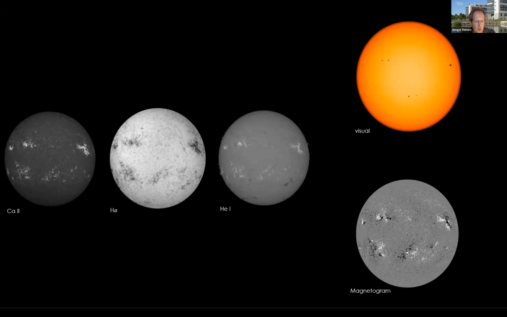And then also how are fields ordered, how are fields emerging on the surface, what kind of field strengths do we have, what kind of distributions. And on the lower right, you see the magnetogram. So for the sun, we know that where we have magnetic fields, positive and negative polarity here in bright and dark, we have also chromospheric activity.